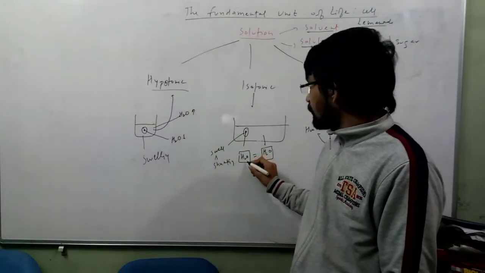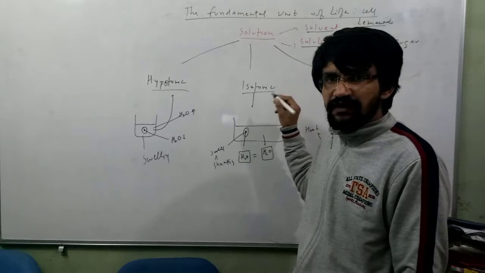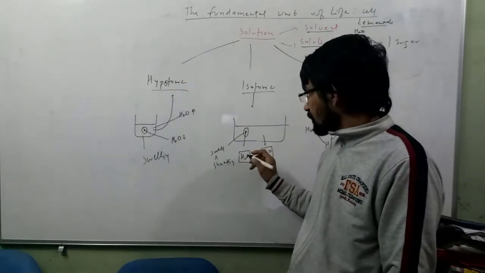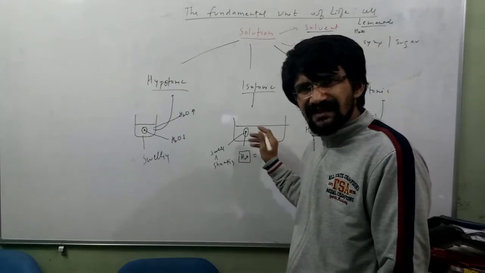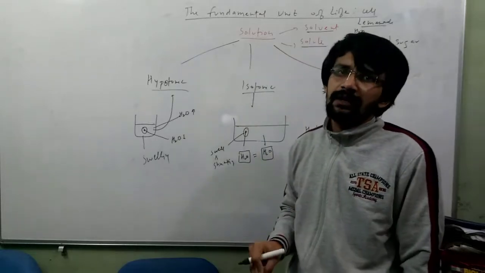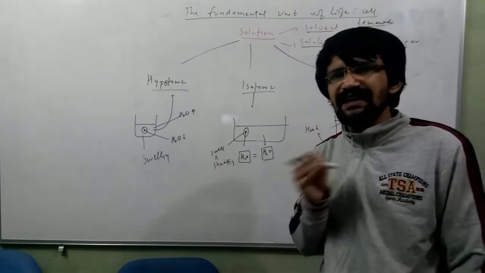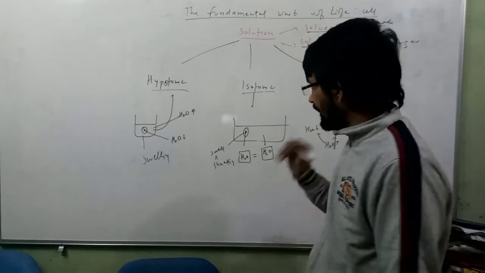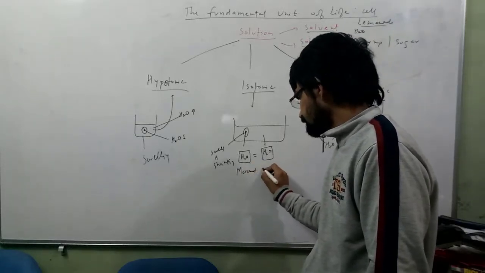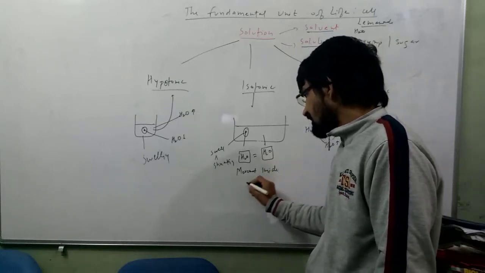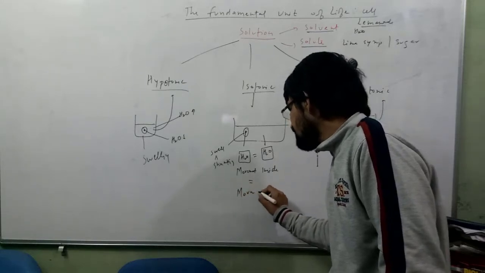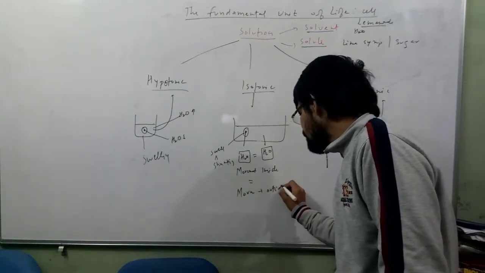in the case of isotonic solution, just understand the case of isotonic solution, then you can correlate with the hypotonic also. This says that there is no movement over here. But my dear, there is a movement. Movement will always take place inside and outside the cell. But the movement inside is equal to the movement which is taking place outside.